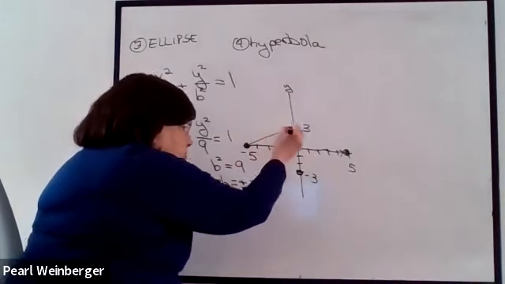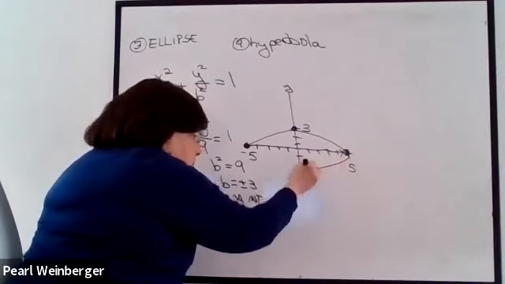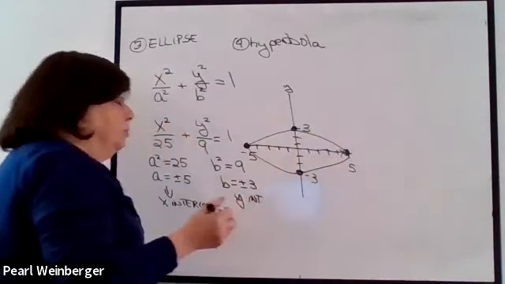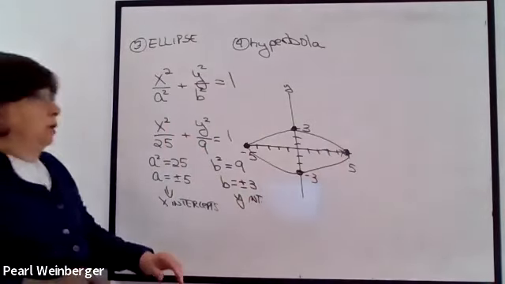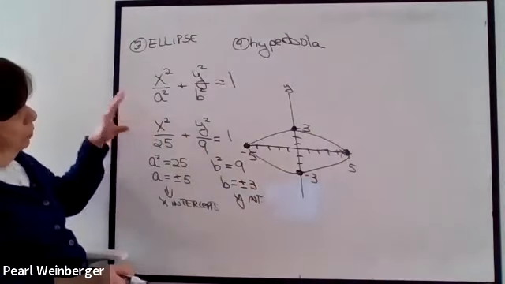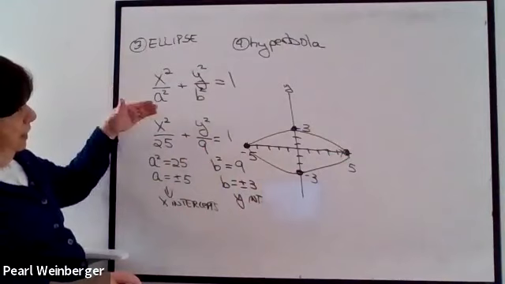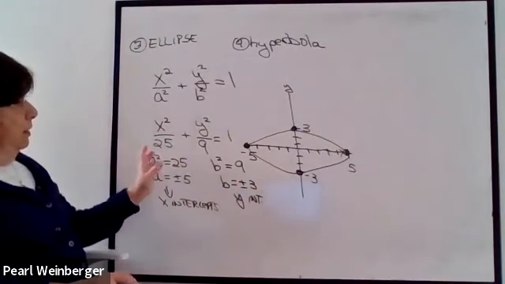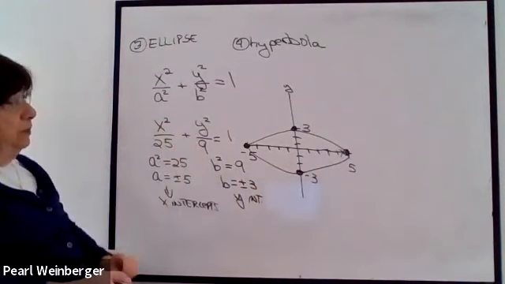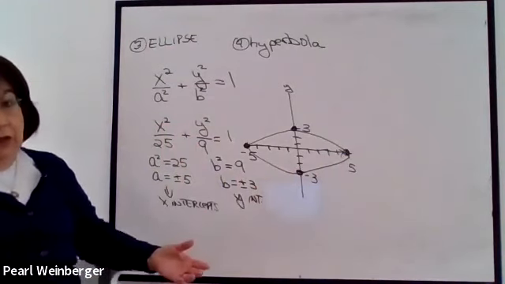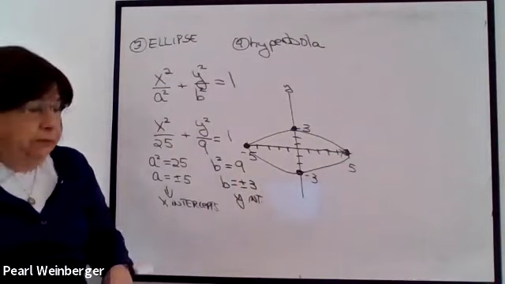Just connect them, don't make them straight lines, just make an oval shape going through those 4 points. So once you have your equation in standard format, it's easy to figure out the x-intercepts and the y-intercepts, and then you can draw your ellipse.